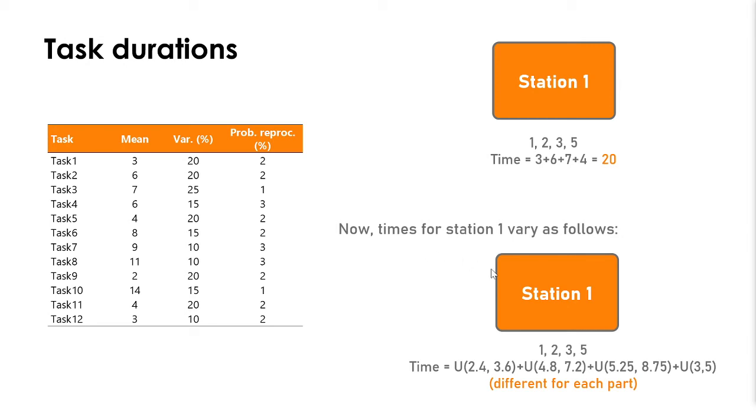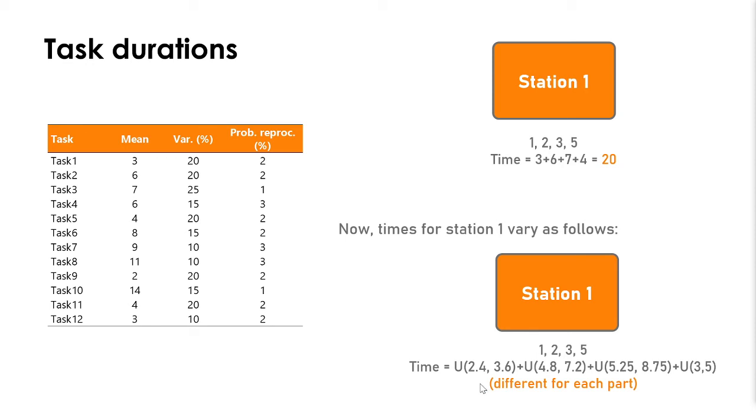Now, times for each of these 4 tasks in station 1 vary. So every time we produce an amplifier, we assemble the amplifier in station 1 and we do task 1, 2, 3, and 5, we have different times corresponding to these uniforms. This is the uniform we estimated before, but we have 3 other distributions which are also uniform distributions.